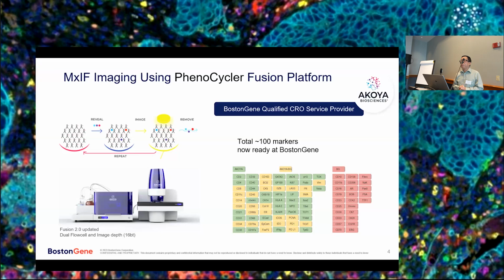It has dual flow cell. That means originally the time frame for one sample, we can now do two samples. And also we have a relatively flexible imaging format, which is important because we would like to have 16-bit images so as to have a larger dynamic range to analyze images.